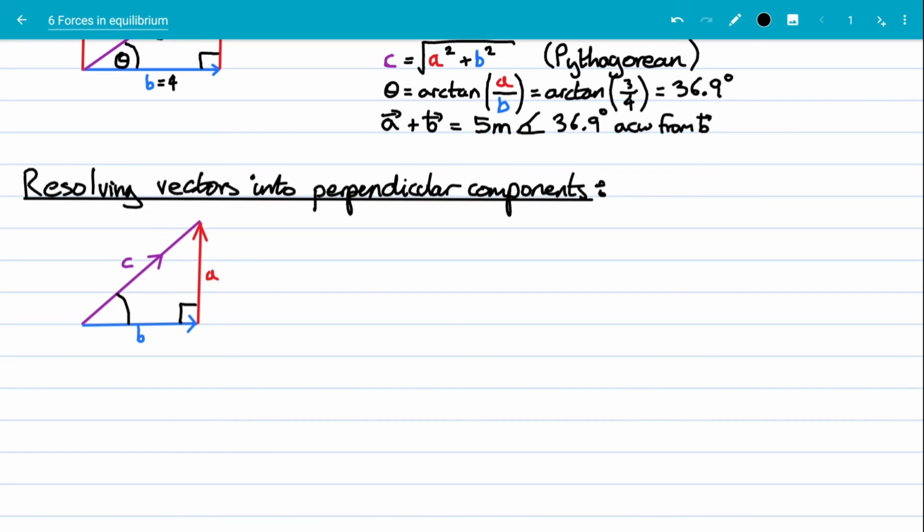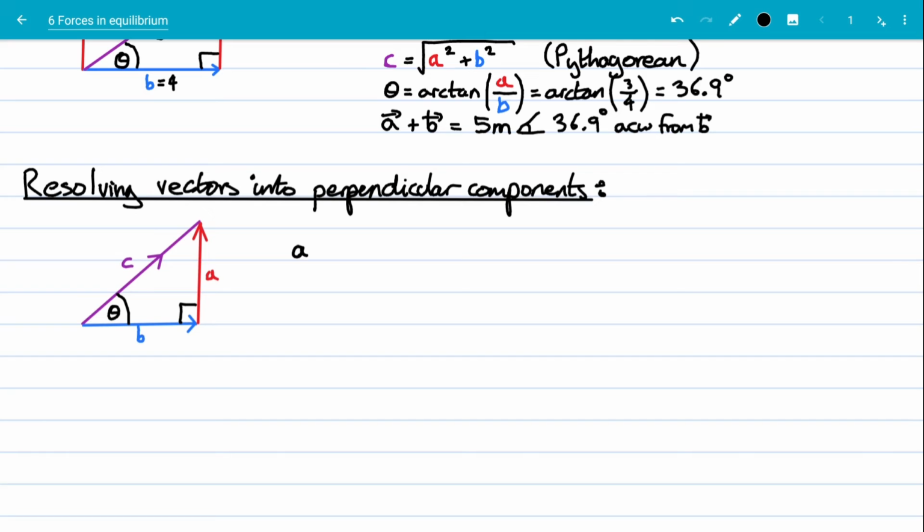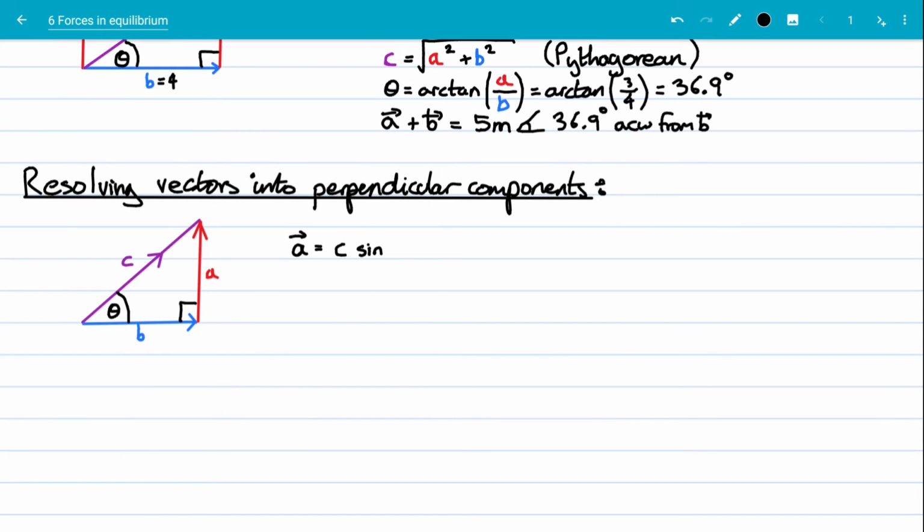If it's the angle to the vertical, we just draw the triangle in a different way. But we've got the angle to the horizontal. Let's label it theta. So what is A equal to? The component A is equal to C multiplied by the sine theta.